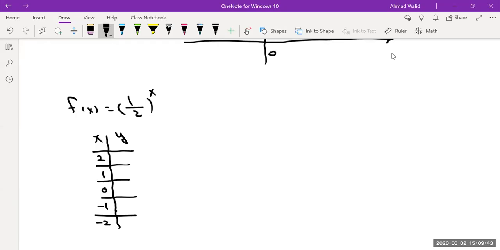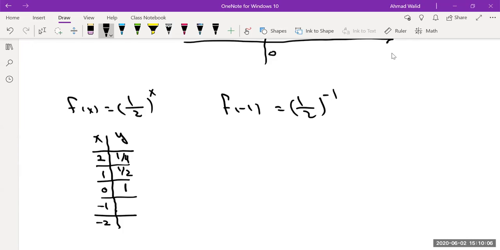When x is 2, you end up with 1/4. When x is 1, 1/2. When x is 0, 1. When x is -1, I'll show you the -1. F of -1 equals 1/2 to the power of -1.